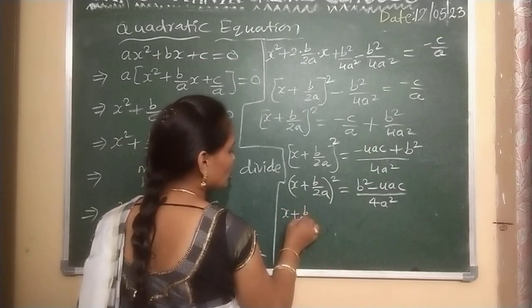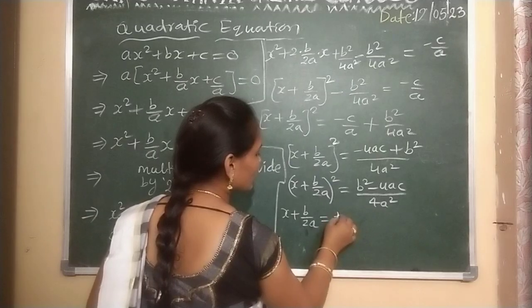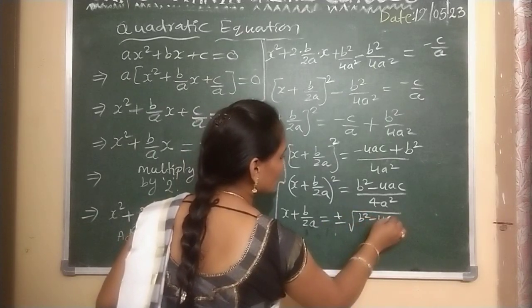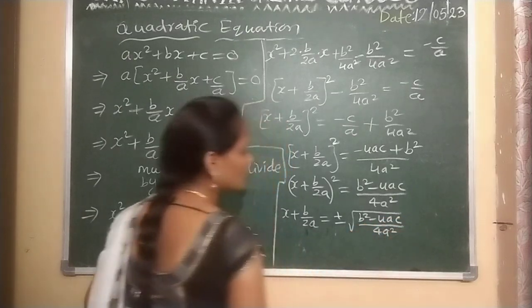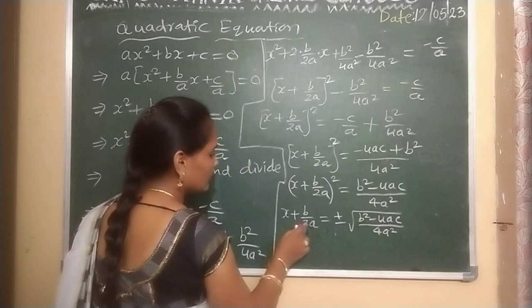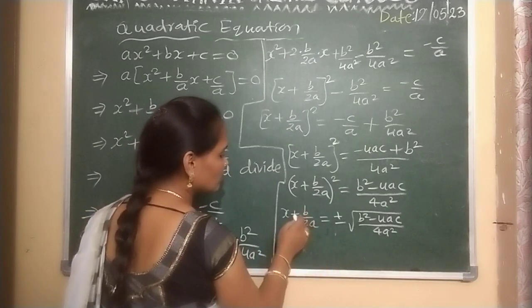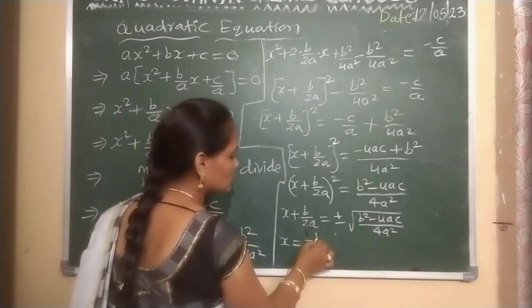If you take square root on both sides, then it will become plus or minus square root of b square minus 4ac by 4a square. Now you can take transpose of this term. X is equal to this term, this is the plus term, if you take the transpose, it will become minus term.